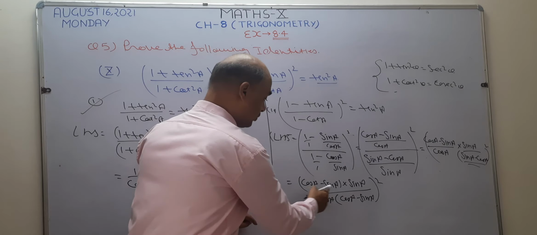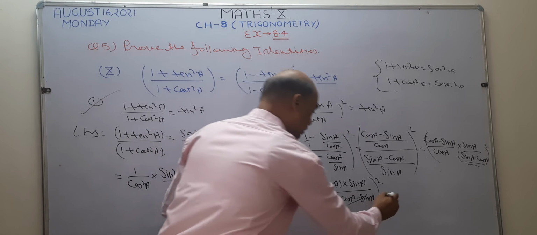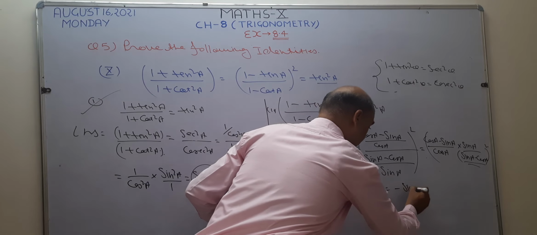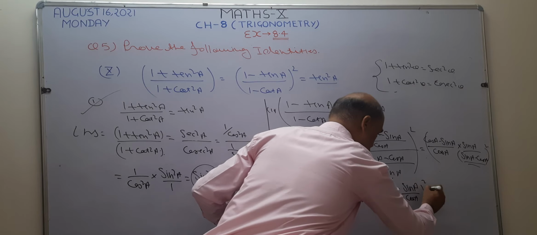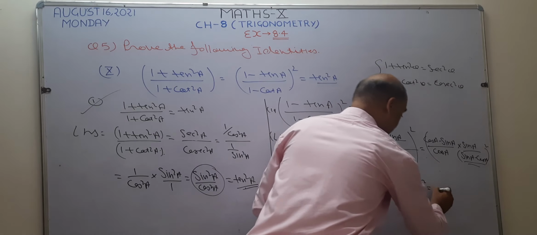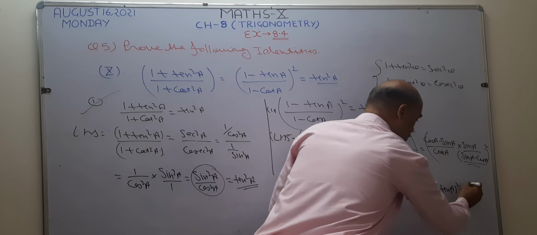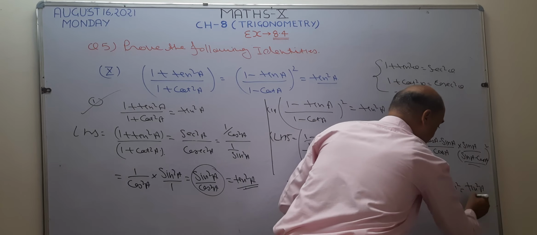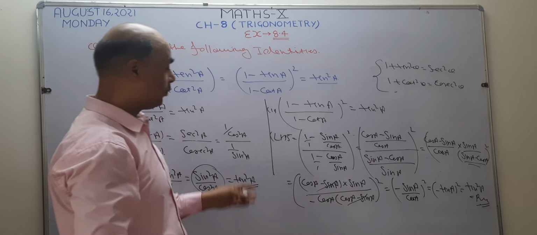Okay, now see, cos minus sine, this one is going to cancel. What is left? Minus sine A upon cos A and its square. You know sine by cos is tan, so write here minus tan and its square, and square of minus is plus, so this becomes tan square A, which is equal to the right hand side. This is the second part of this question. I hope it is clear now.